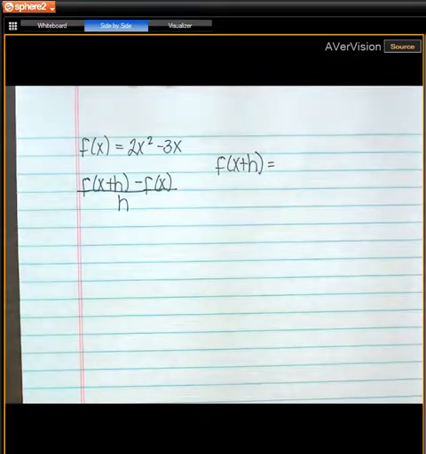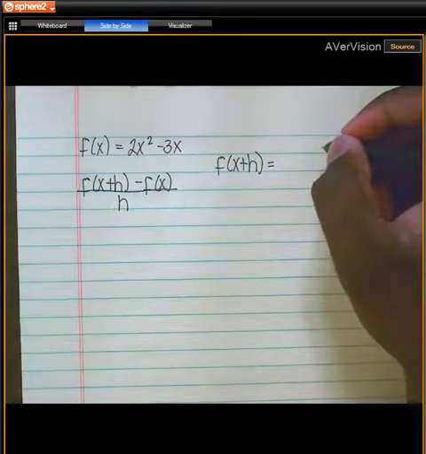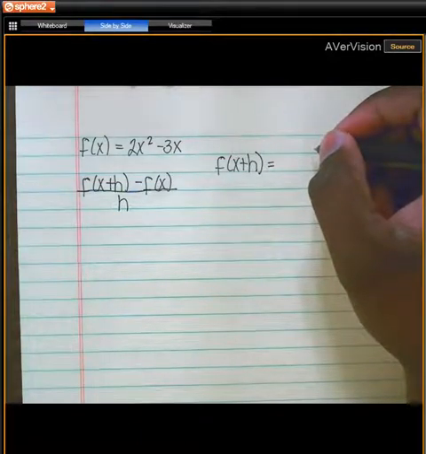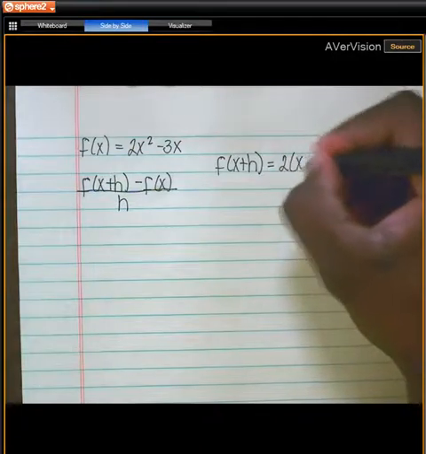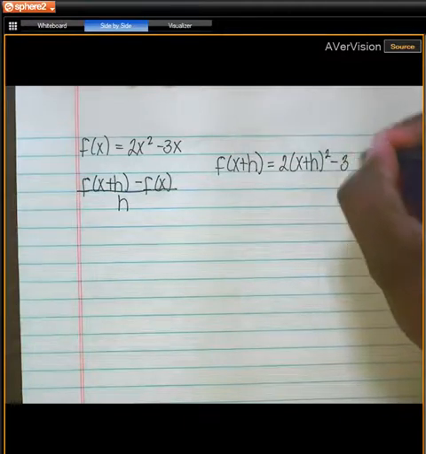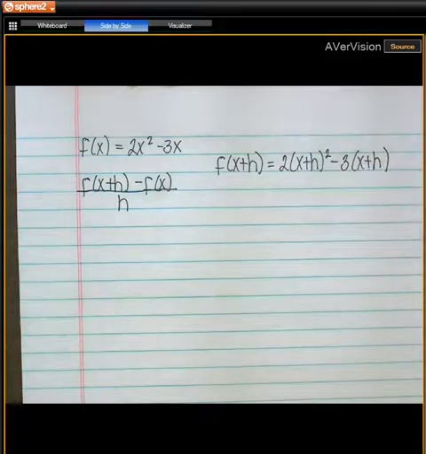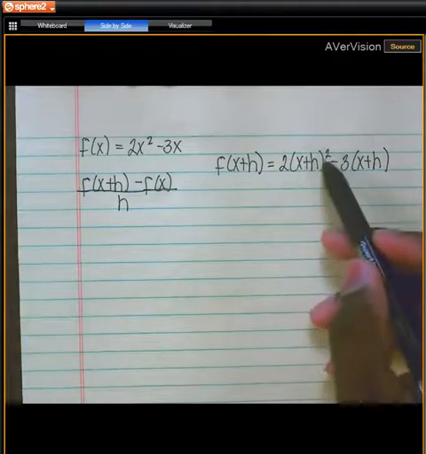What is f of x plus h? What do we do with the x plus h? Substitute it for x. Check you out. What do we do with the x plus h squared?